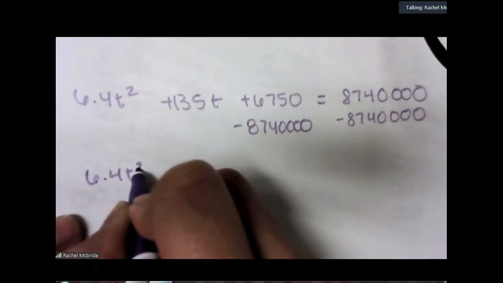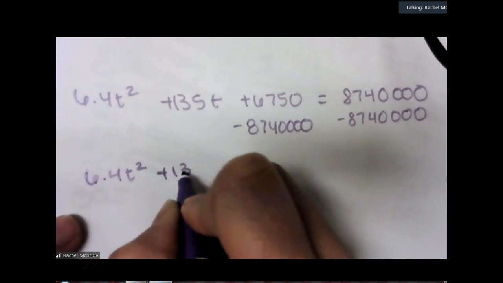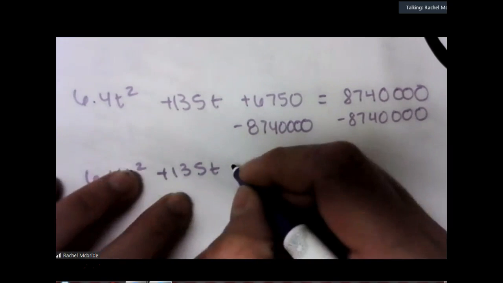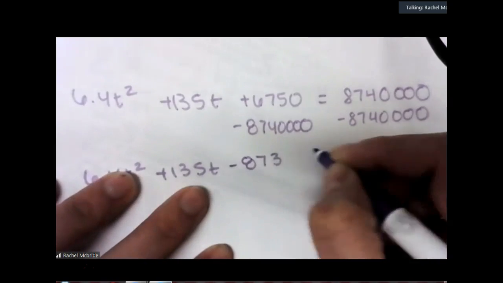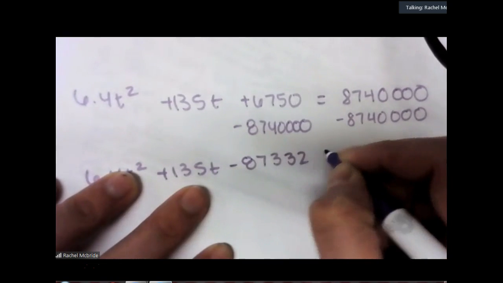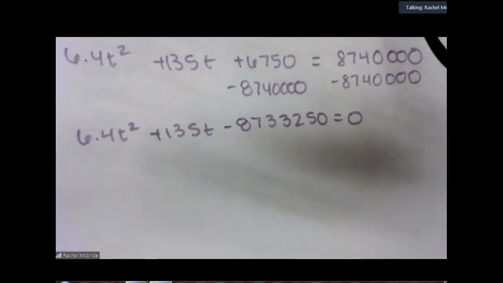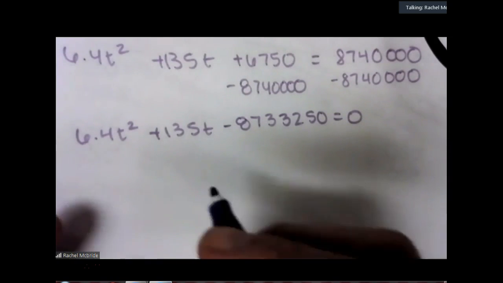So you get 6.4t squared plus 135t, and then 6750 minus 8,740,000, and you get minus 8733250 equals 0. So now you just plug into quadratic formula.